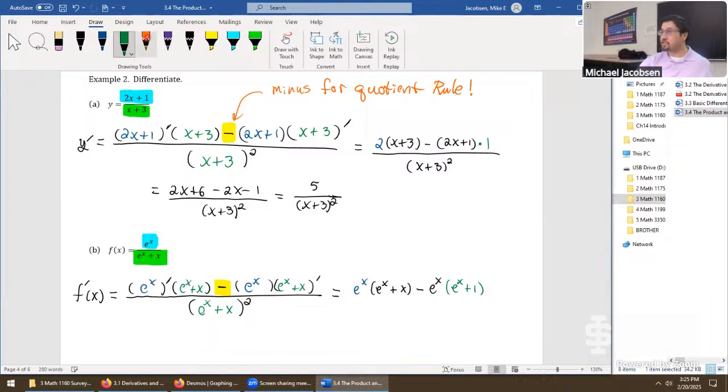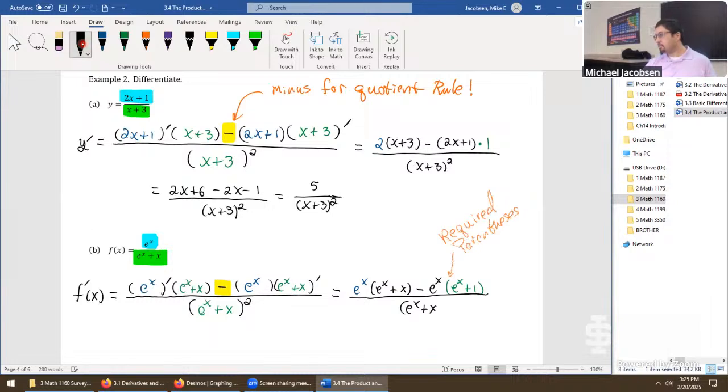But the thing that causes some trouble is this derivative involves two terms, so parentheses here are required to get the right algebraic form. Required parentheses. Then down below, e to the x plus x squared. And we've got it, folks. That's a pretty good derivative already.